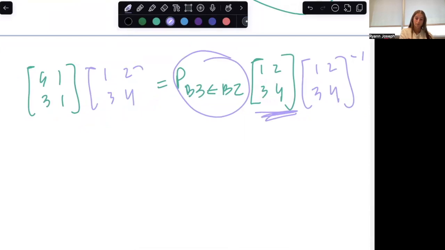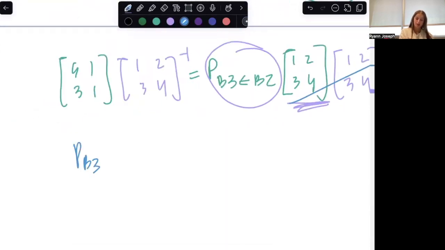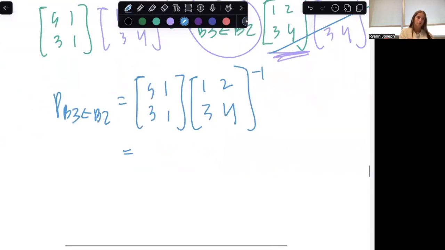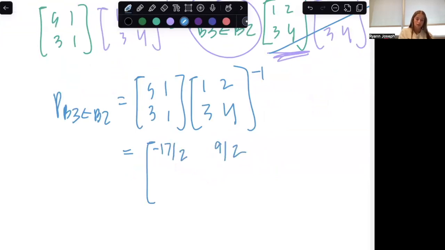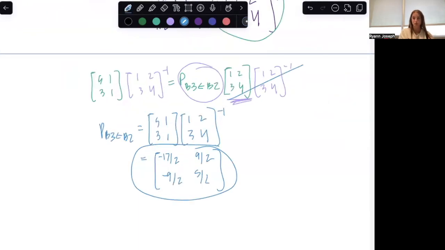So these are going to cancel out, leaving me with the fact that the matrix of interest is this, where the inverse of this, which I did not solve for on here, ends up being -17/2, 9/2, -9/2, and a 5/2. And that is the change of basis matrix that goes from B2 to B3.